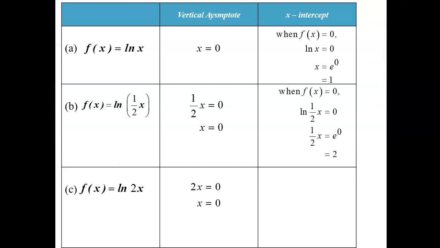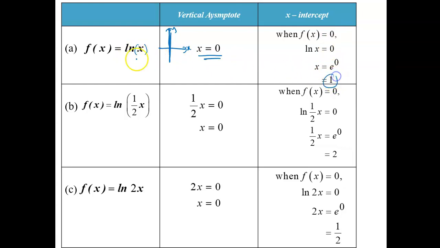Okay, sketch the graph of all this. With these notes, class, the vertical asymptote is when x equals 0, along the y-axis. When f(x) equals 0, that is when x equals 1, since the natural log of 1 is equal to 0, so it intersects here.